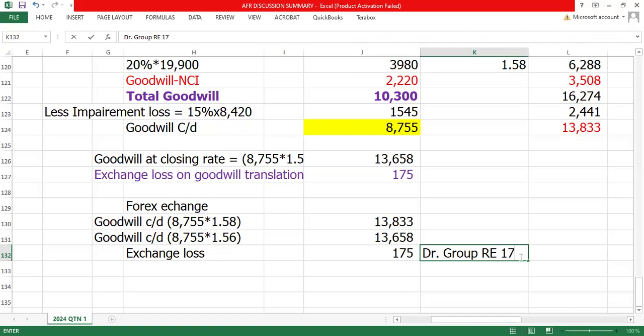You debit it. Then you credit what? The goodwill.